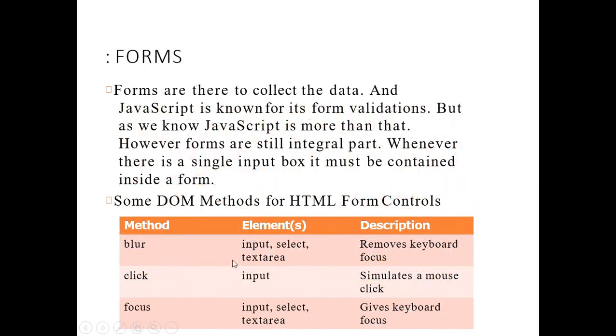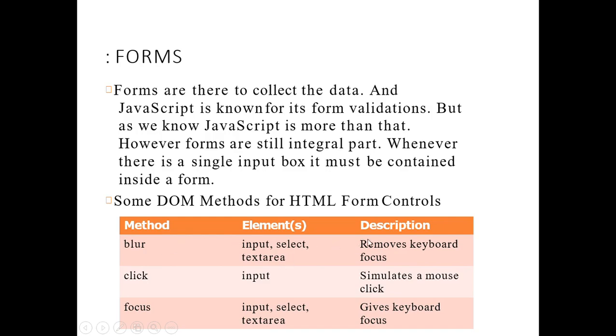Now we can create the form for HTML and for the DOM methods. First, some DOM methods for the HTML form controls. The first method is blur. Blur means removing the keyboard focus from an input, select or text area.